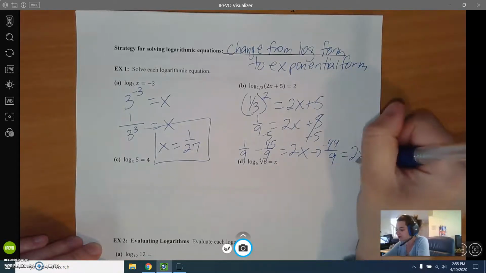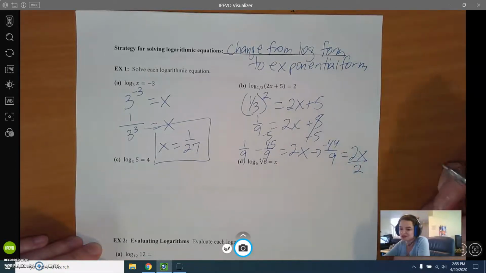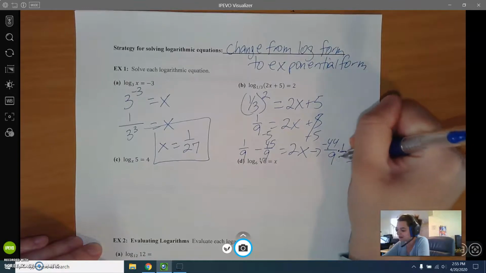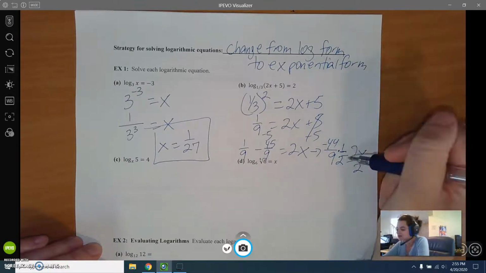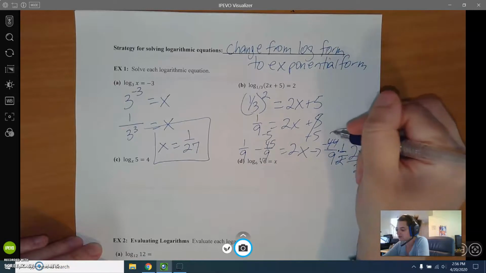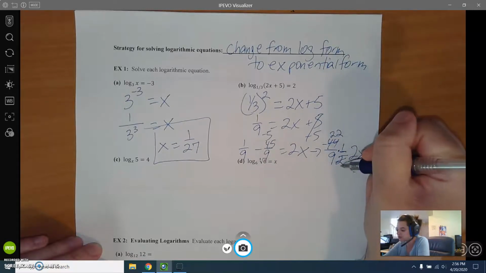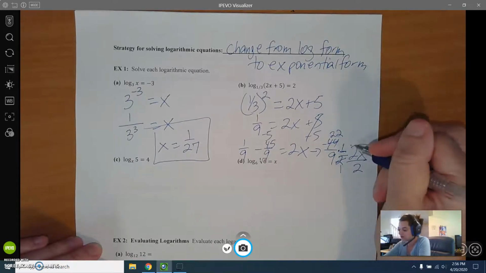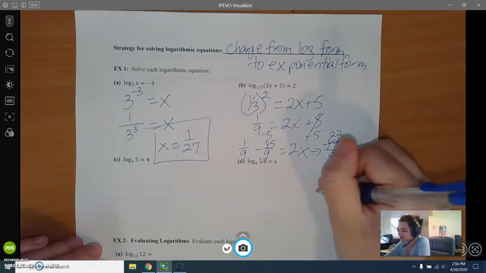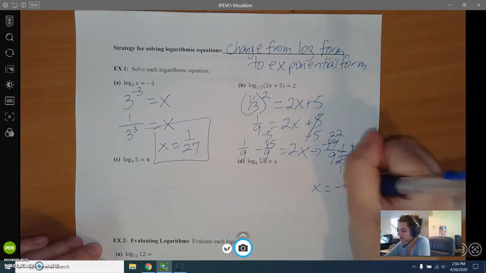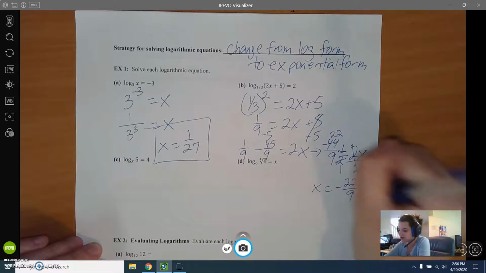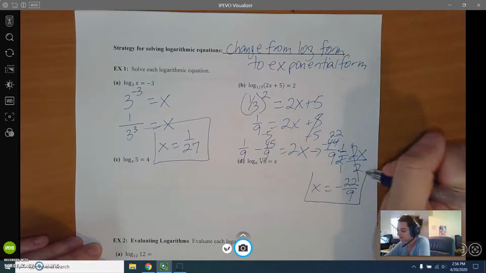Then I need to divide by 2, and remember, dividing by 2, that's the same thing as multiplying by a half. So let's see, the 2 and the 44 are going to simplify pretty nicely to 22 and 1. The 2's divide out on the right side, so I'm going to have x equals negative 22/9, and we're done.